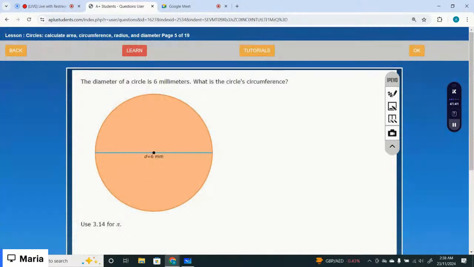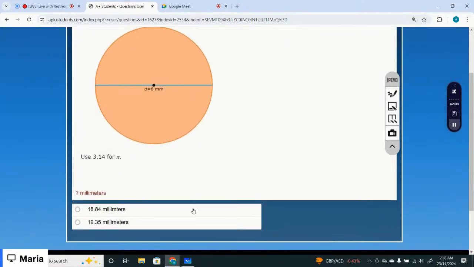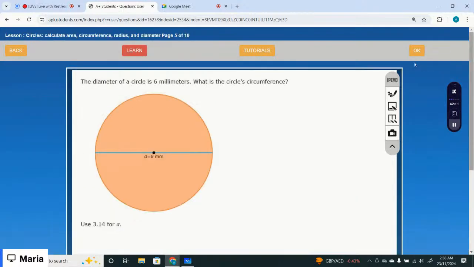So the circumference is, that is C equals 2 pi r. So the correct option is 18.84. Option number 1 is the correct option.